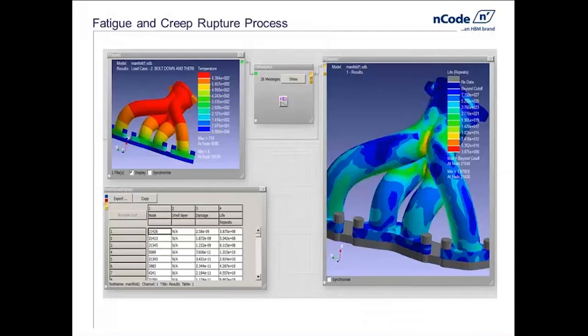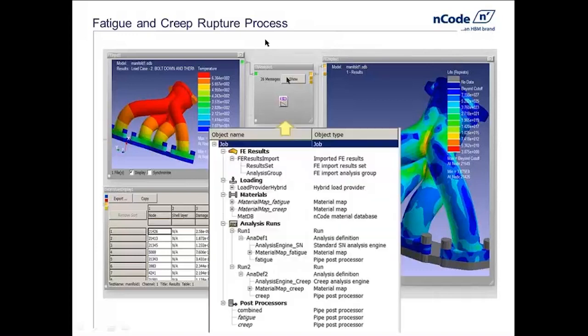So what we're looking at is a DesignLife model where we have a temperature stress history coming in from this exhaust manifold. Inside the solver in the center, and we're looking at the advanced properties for that solver, you'll see that there are actually two analysis runs.